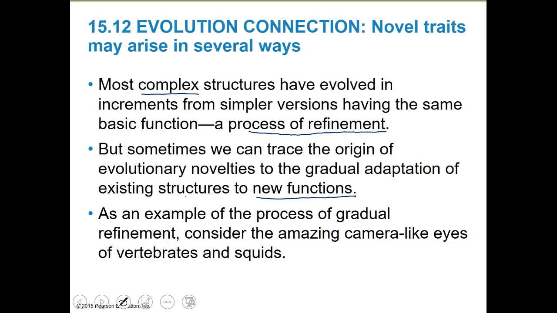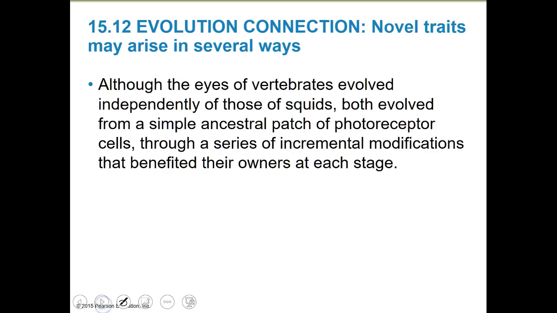As an example of the process of gradual refinement, consider the whole camera-like eye situation that we see in vertebrates and squids, which are invertebrates. It's fascinating. Although eyes of vertebrates evolved independently from squids, both evolved from a simple ancestral patch of photoreceptor cells, and through a series of incremental modifications have benefited their owners at each stage.